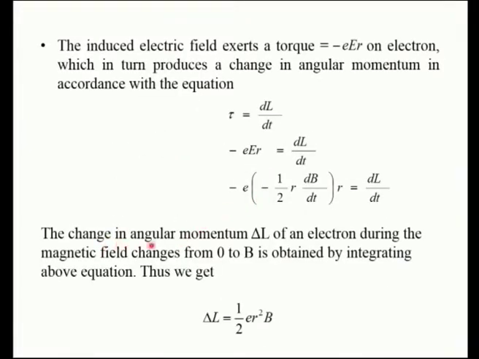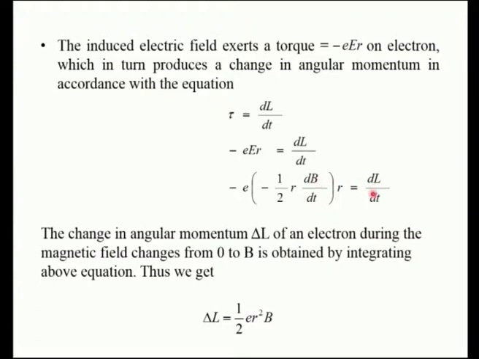Now the change in angular momentum ΔL of an electron during the magnetic field changes from 0 to B is obtained by integrating the above equation. That is, when we start applying the magnetic field, then it goes from 0 value to B over a time period, and so within that time period the angular momentum changes, and this change has to be obtained by integrating the above equation.